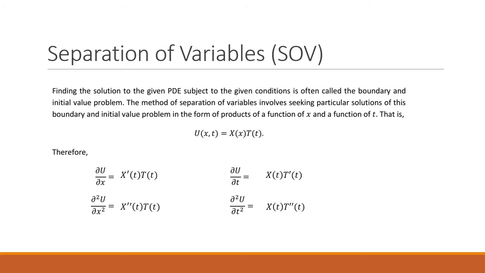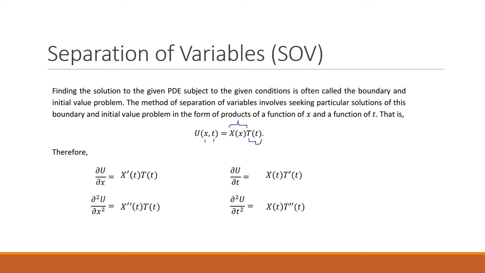So bila PDE kita ada variable kita dekat sini x dan t, dua variable. Jadi kita nak pisahkan dua variable tu, jadi kita akan tulis dia sebagai X darab T. X ni kita punya function in terms of x, dan kita ada capital T ni function kita in terms of t.